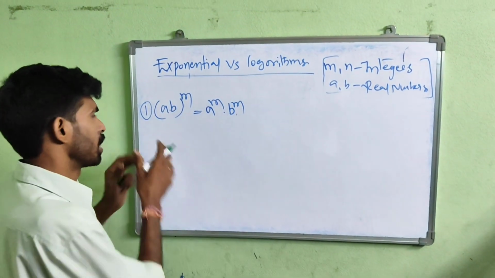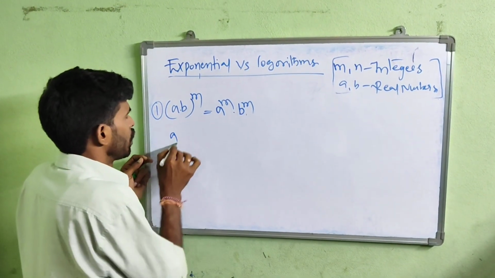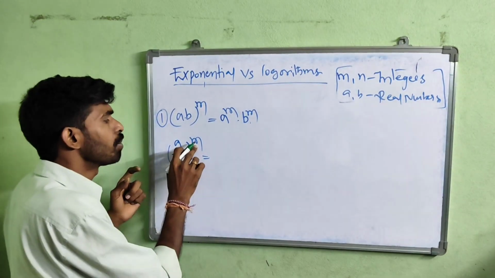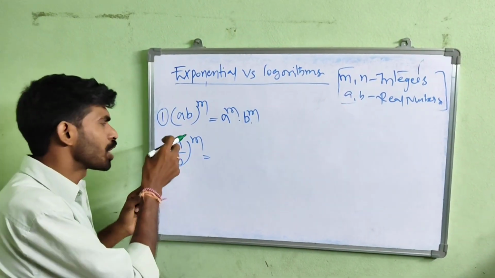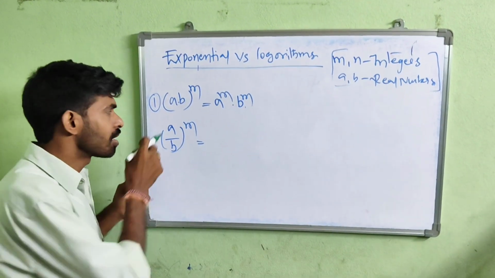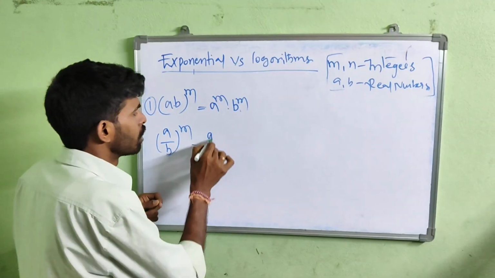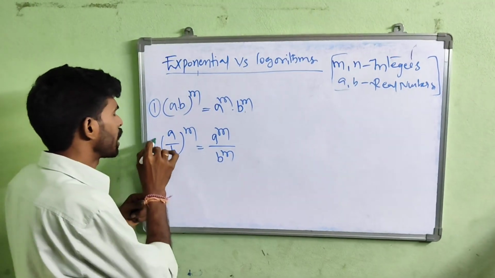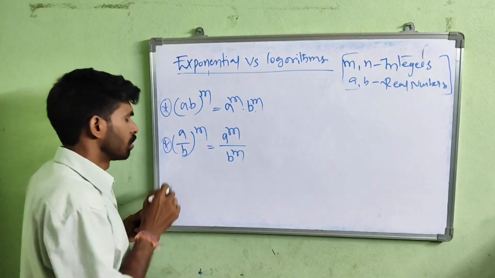A by b whole power m means the power applies to the numerator as well as the denominator, that is a power m divided by b power m.